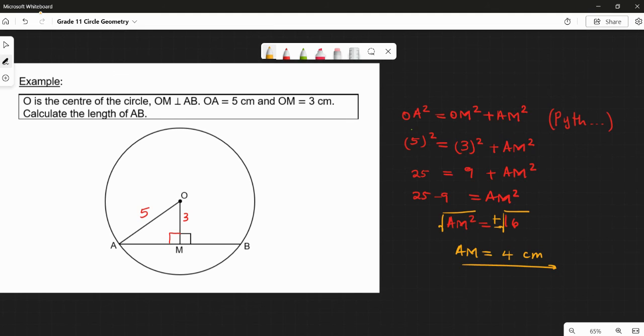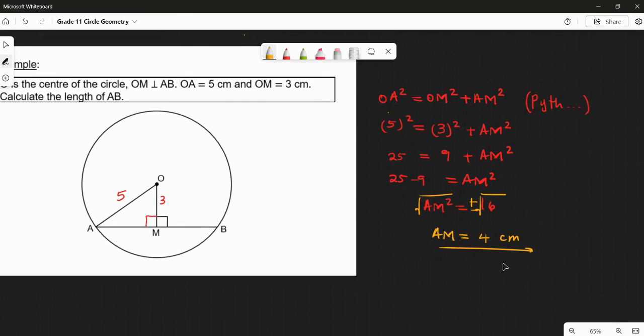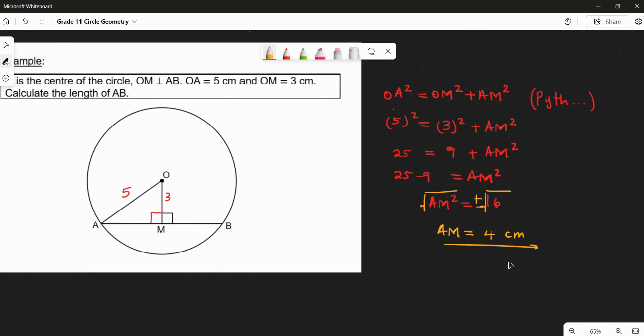All right. Then we calculated our AM, but we were looking for AB. So we managed to get a part of it. How do we get the other part? If we recall from the theorem that we just learned, if the line from the center is perpendicular to the chord, it must then bisect the chord.